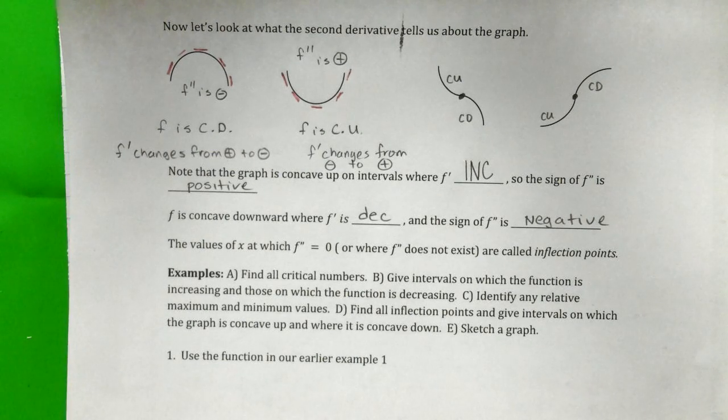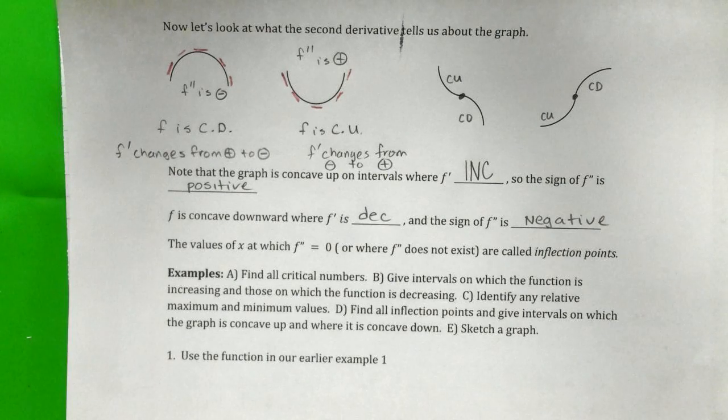So we've got two separate tasks. We've got to use the first derivative to tell us where f is increasing or decreasing, and then we're going to use the second derivative to tell us where the graph of f is concave up or concave down.